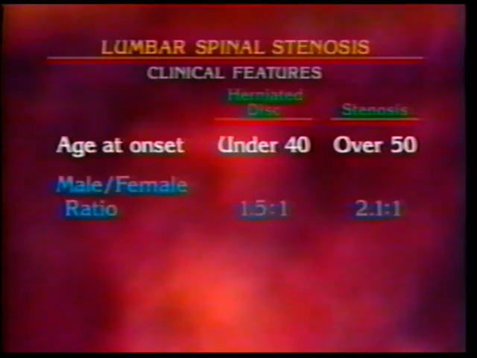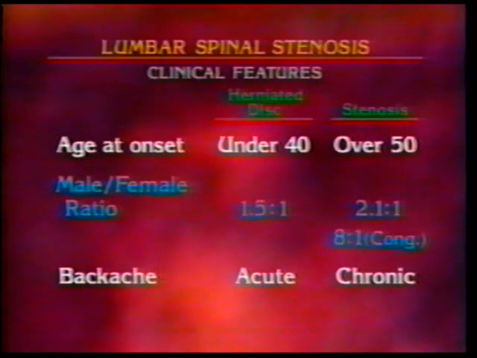Herniated disc is more common in male to female by about 1.5 to 1. In stenosis, it's a bit more common in the males, 2.1 to 1, male to female ratio, except in congenital stenosis, where the ratio is 8 males per 1 female, so it's almost exclusively a male disease.